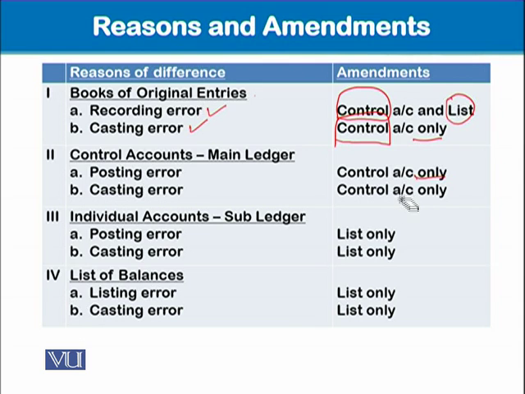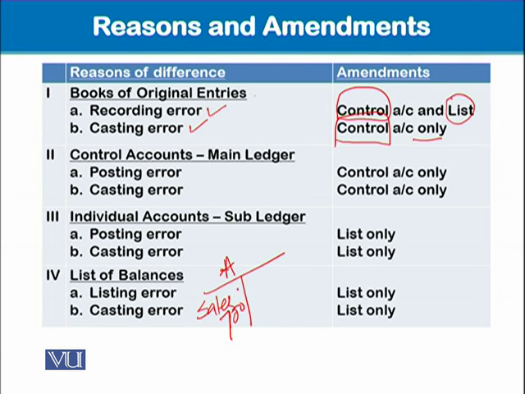Now, the other thing is individual accounts appearing in the subsidiary ledger. Posting error. For that individual, Mr. A's account, we were supposed to put sales in the debit side with 100. What we did, we wrongly put it as 700.